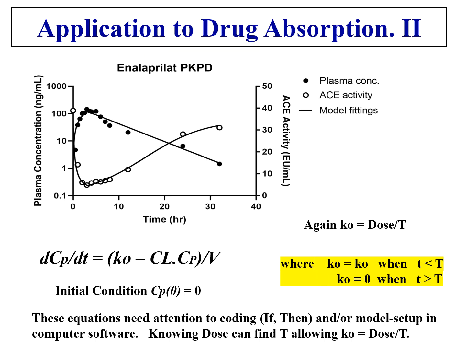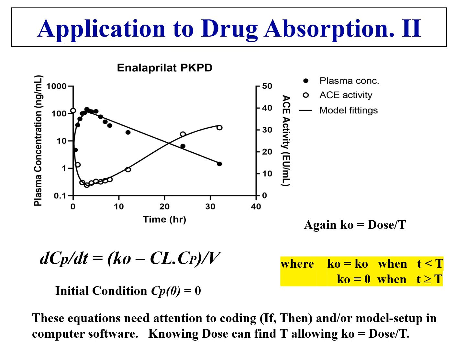And K0 is once again dose over cap T. Here K0 has an input when time is less than cap T, and then K0 goes to 0 when time is greater than cap T. So this is commonplace for drug absorption.